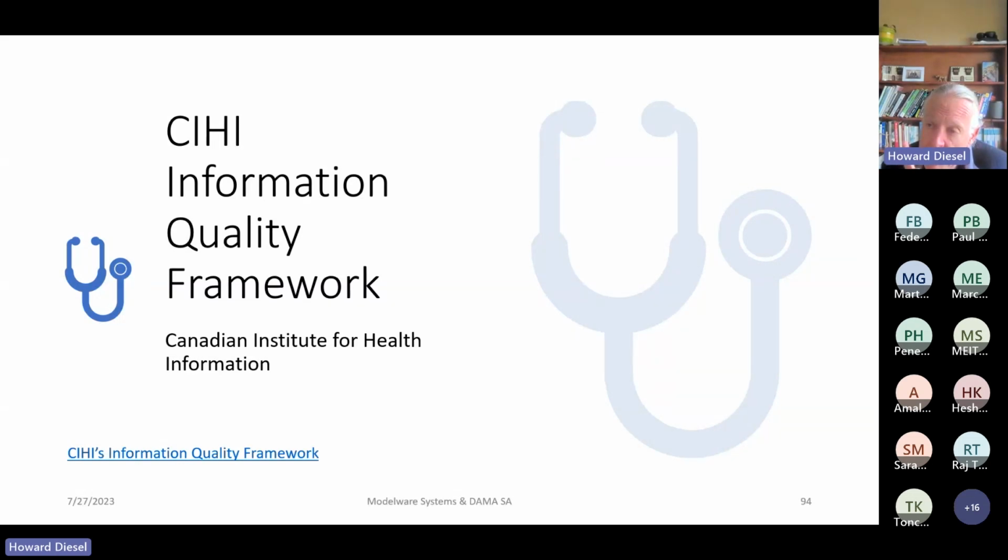These people collect all the health information from the Canadian government and the Canadian hospitals, and they package it as time series and advanced analytics. In some cases, they sell it.